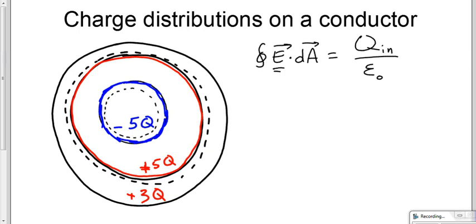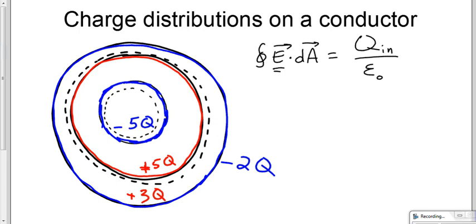It can only be on surfaces. So what that means is we have -2 that we could see coating the outer surface of the outer shell. So all of that there, a total of -2Q.